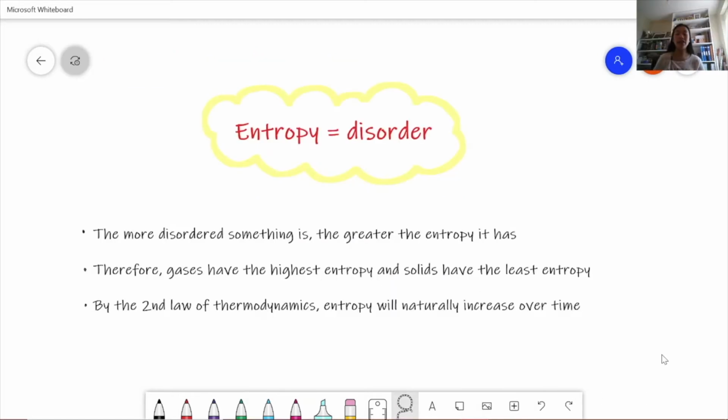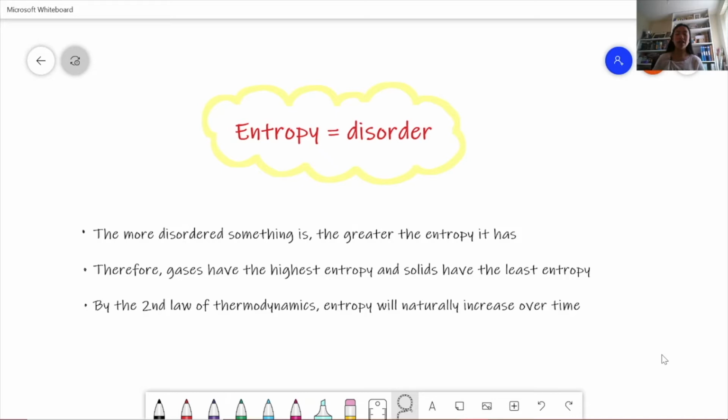So now we're going to introduce the idea of entropy. And the basic idea is that entropy is equal to how much disorder there is in a system, in a substance. So the more disordered something is, the greater the entropy it has. And therefore, gases have the highest entropy because it's got a million particles moving rapidly and randomly in many different directions.